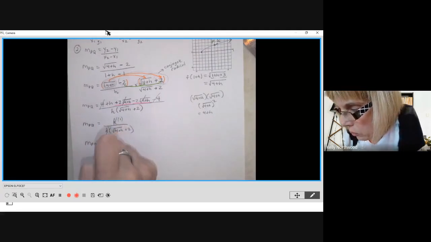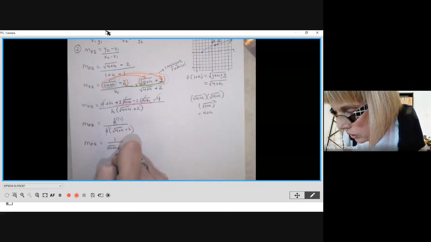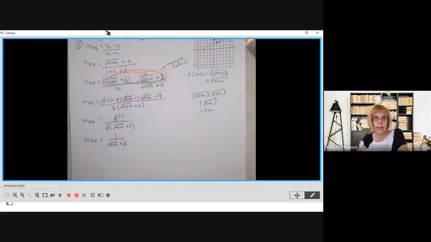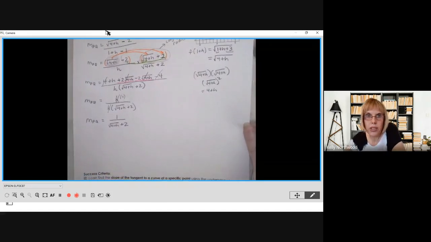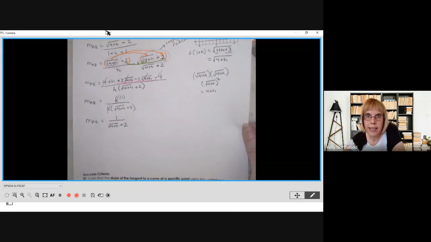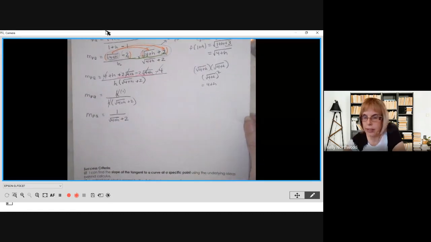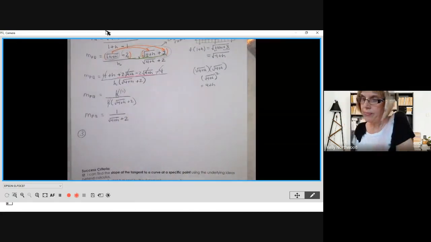So m PQ is going to be 1 over the square root of 4 plus h plus 2. So that's our slope of the secant. And we used rationalizing by multiplying top and bottom by the conjugate radical there. New, totally new for us, or for most of us.